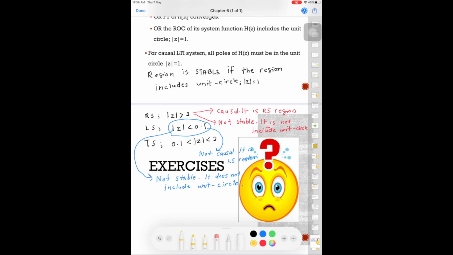For the two-sided region, is it causal? Not causal. Why? Because it is a two-sided region.